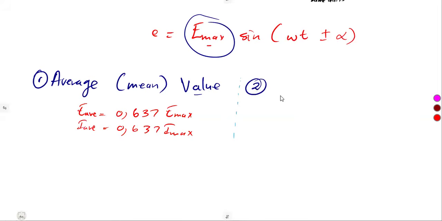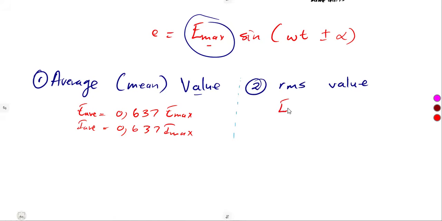And also the RMS value can be determined. The RMS value is the effective value of an alternating quantity. The effective value of an alternating quantity is the value of a DC quantity that produces the same amount of heat in the same time. So that's the idea of our RMS value.